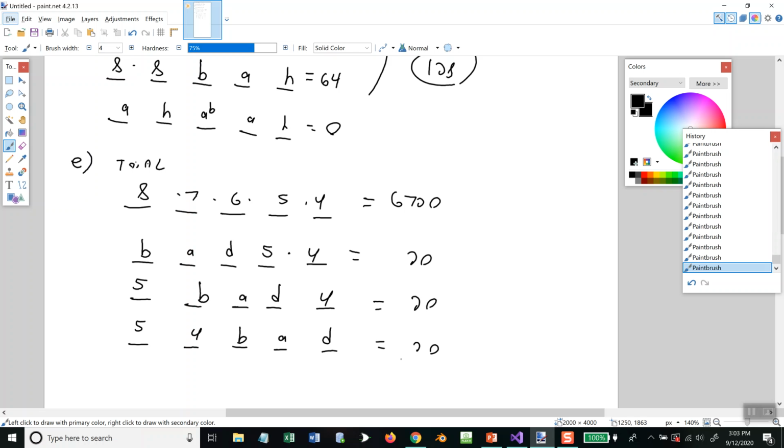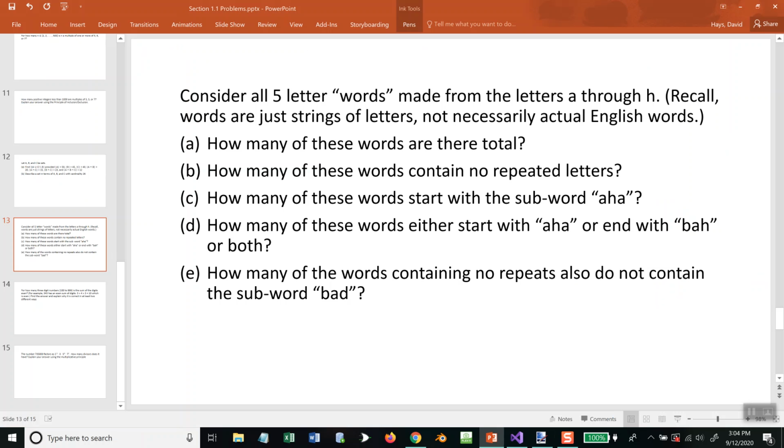So that's 20 each. So I would subtract 60 from 6,720, which gives us 6,660 words. And was that the last? That was E. Okay.